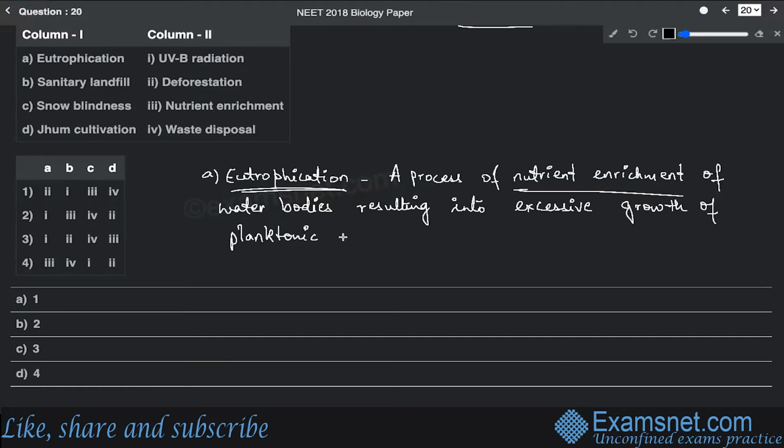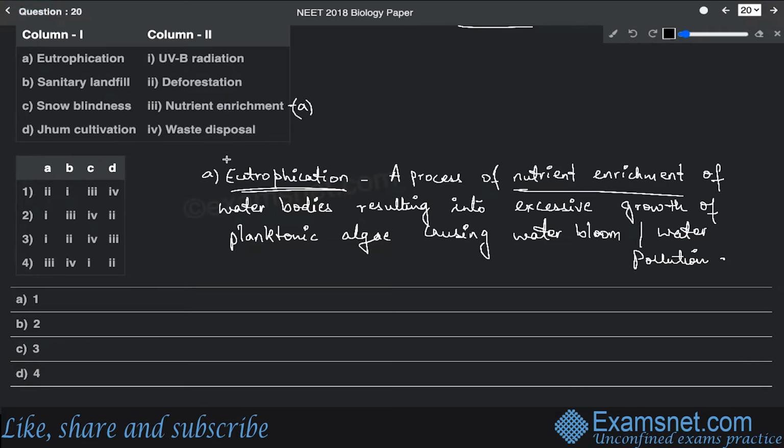Planktonic algae causing water bloom, or water pollution, you can say. All right, so this is the case. So A is going to match up with this one.